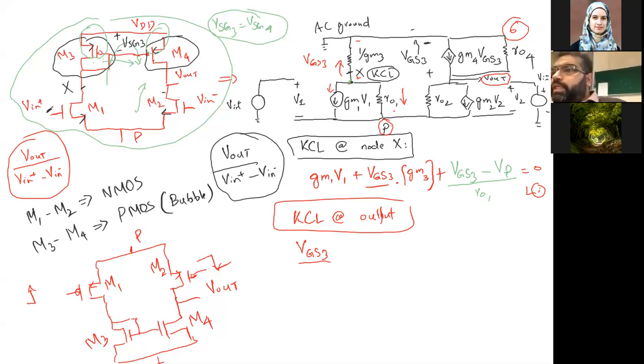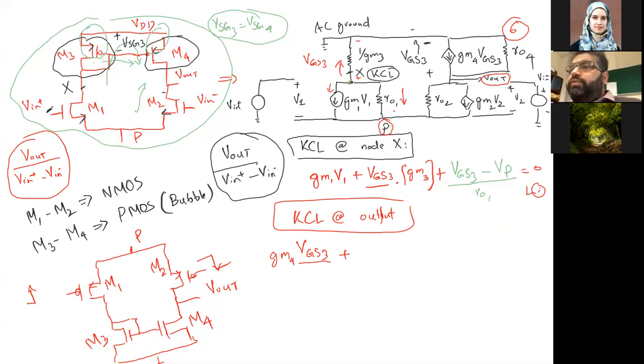One minute, let me just see something. Naming wise. First, at the Vout node, the current which is entering is basically gm4 times VGS3. So entering current, again I'm writing it here: entering current is gm4 times VGS3. Then plus, what's the other current?